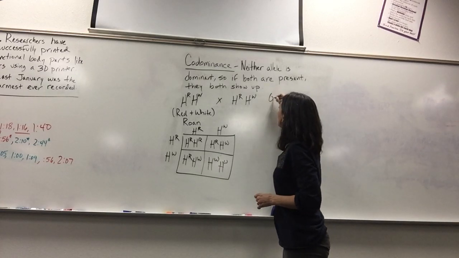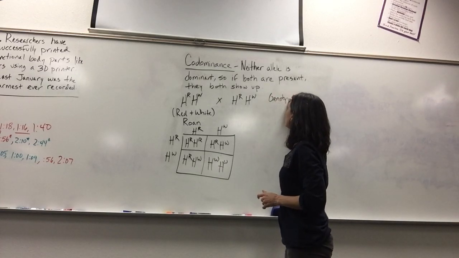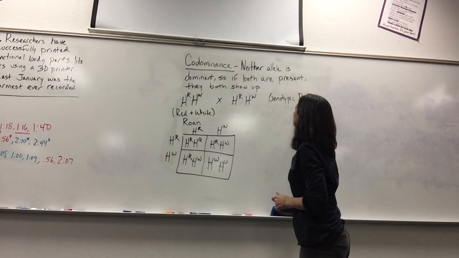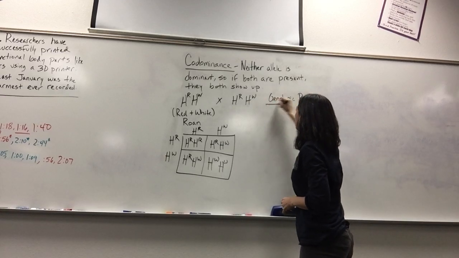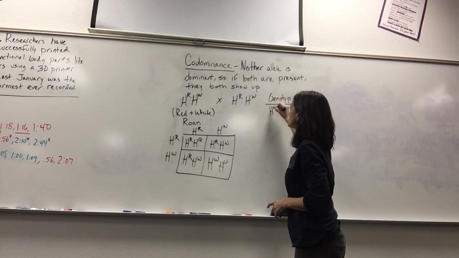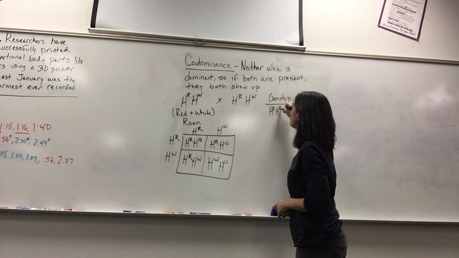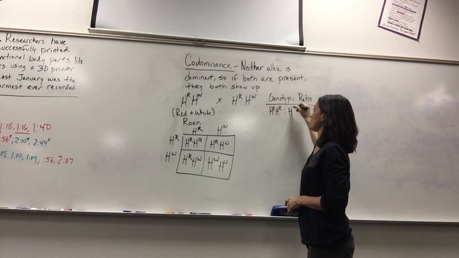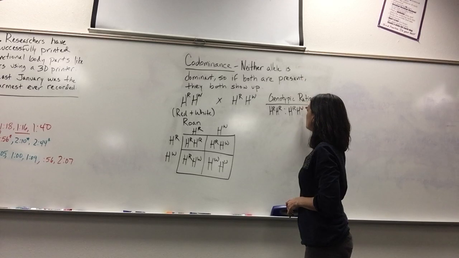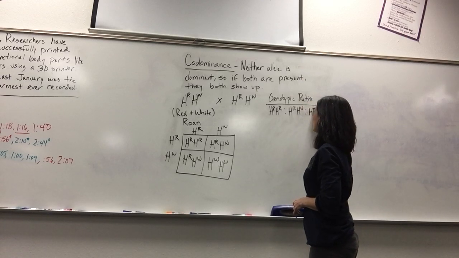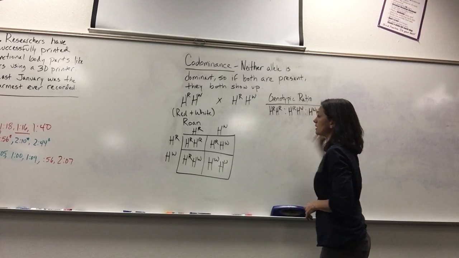And when I write my genotypic ratios, I keep it alphabetical there as well. So that means my HRs will come first. The horses could be HR, HR. They could be HR, HW. Or they could be HW, HW.